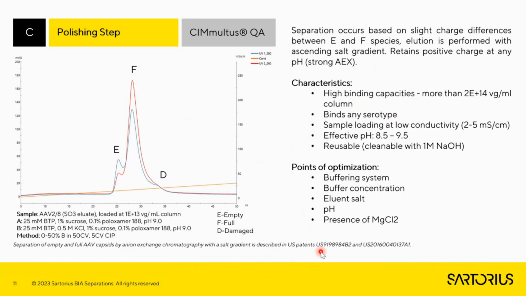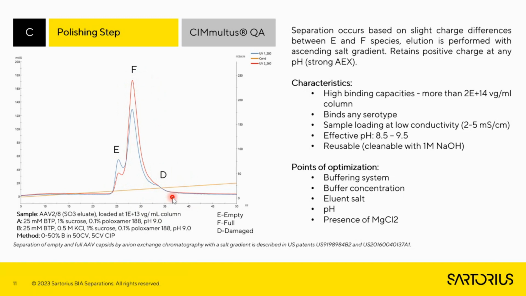The QA is a strong anion exchanger, and the elution is performed using an ascending salt gradient. Based on the charge differences between empty and full capsids, the empties will elute first, followed by the full capsids, and then, not always but in the majority of cases, we also see a third peak, which we label as damaged.